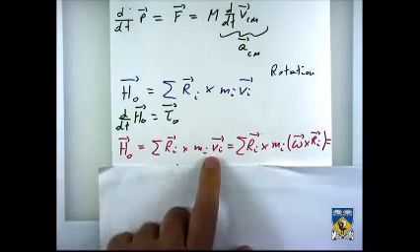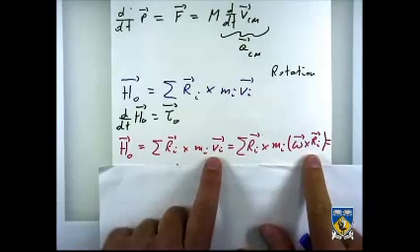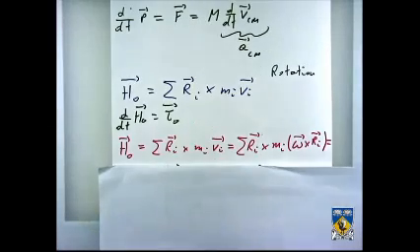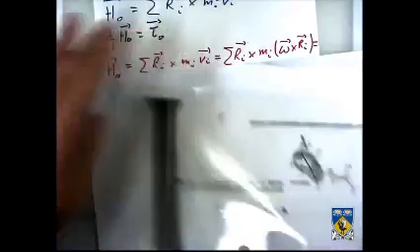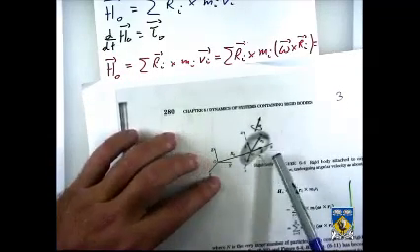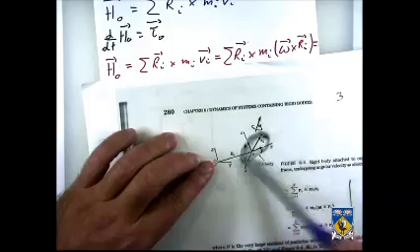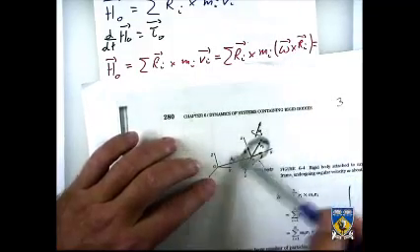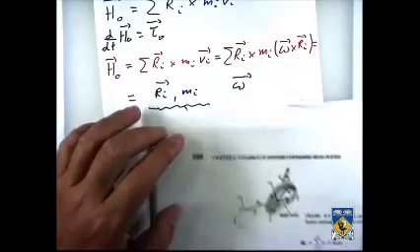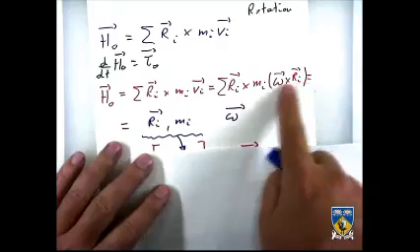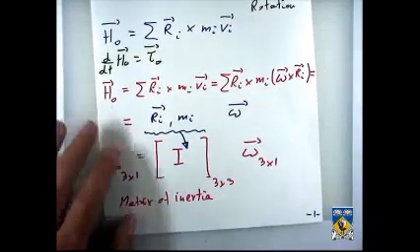Now, velocities can be written as angular velocity times radius, right? If we look at this picture, the velocity of any point will be the angular velocity multiplying the arm. This we know from primary school.